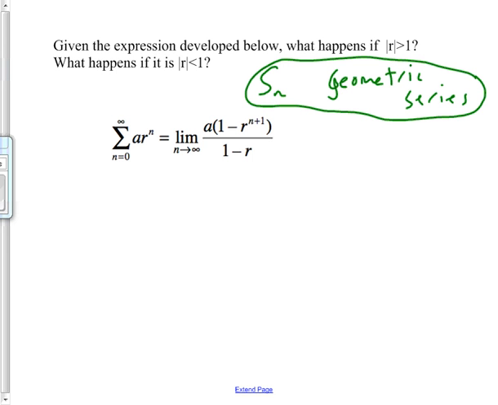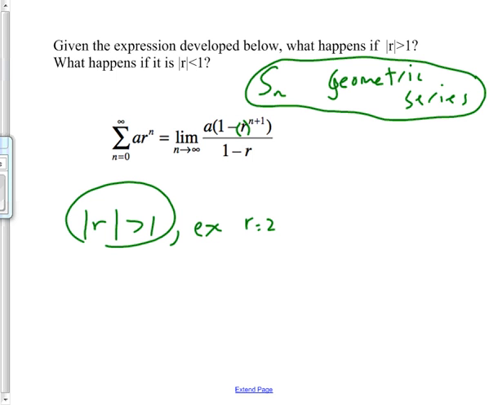And the question is, what happens if the absolute value of r is greater than 1? Well, if the absolute value of r is greater than 1, then inside here, as n gets big, let's just, for simplicity's sake, say for example r equals 2. So that's an example of when r is greater than 1.